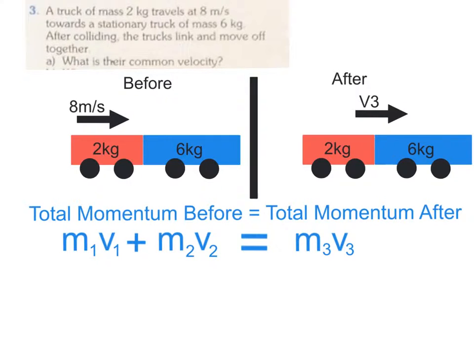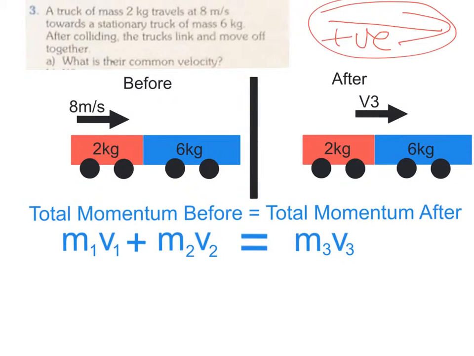So firstly, we need to decide on a direction to take to be positive, and I'm going to decide that this direction here to the right is positive. That means that the 8 meters per second is a plus 8, and that's the only thing we need to introduce at this point, the idea that to the right is positive and that 8 meters per second is a plus 8 to give it its direction.